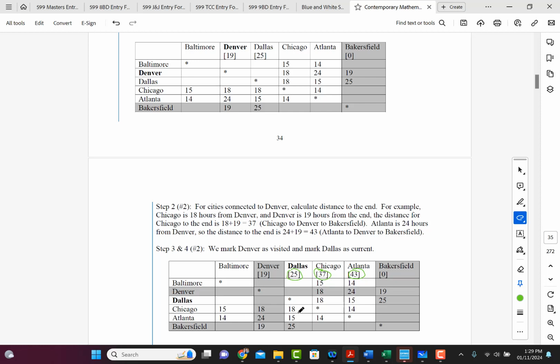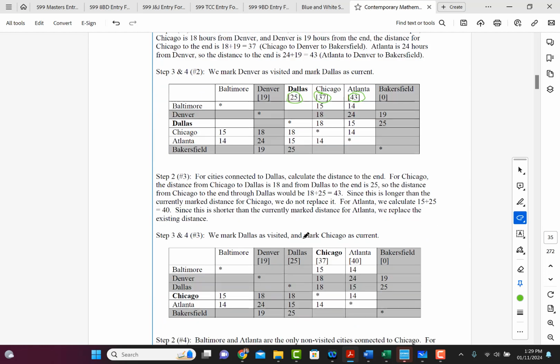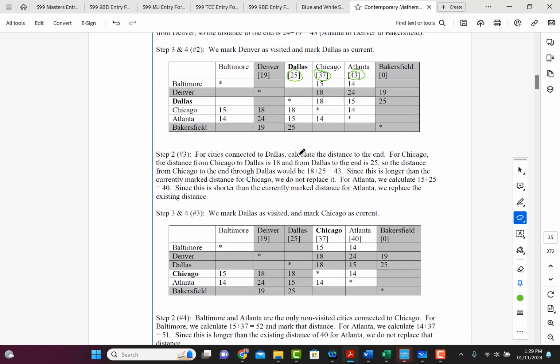Now we have 18 and 15. So let's go back to step 2. It says for the cities connected to Dallas, calculate the distances to the end. For Chicago, the distance from Chicago to Dallas is 18, so that's what we have here.